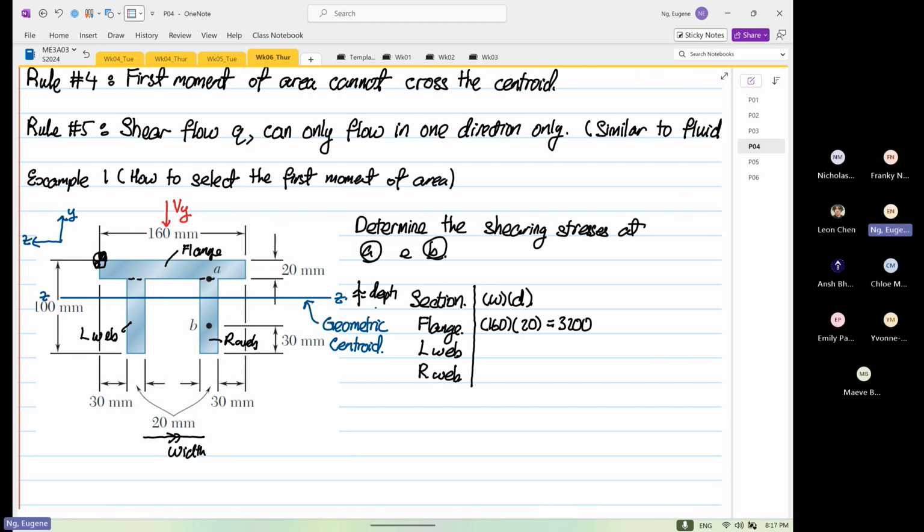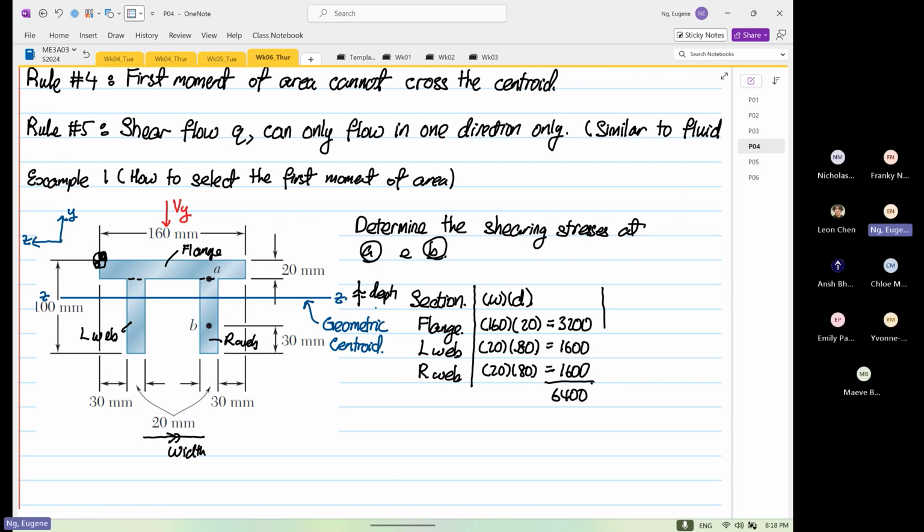Then for the other one, our width is 20 and our depth is 100 minus 20, which is 80. Okay, it's the same. Width is 20, depth is 80. 1600. We add all this up. It's 6400.